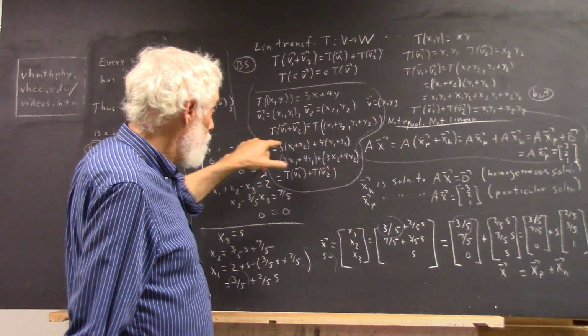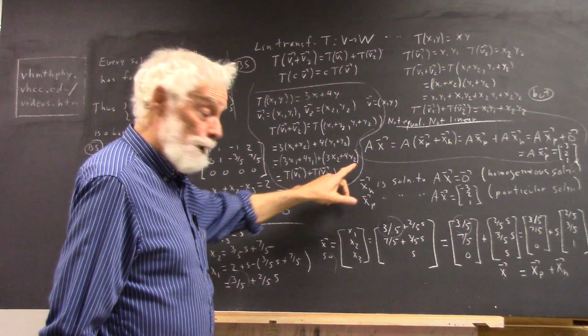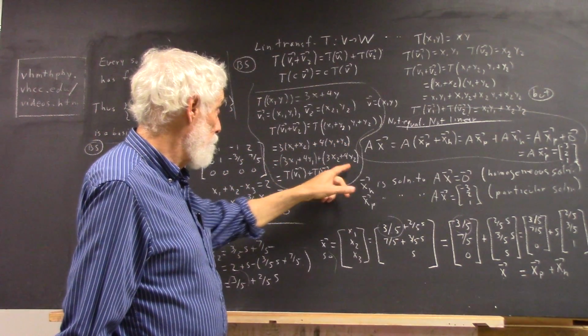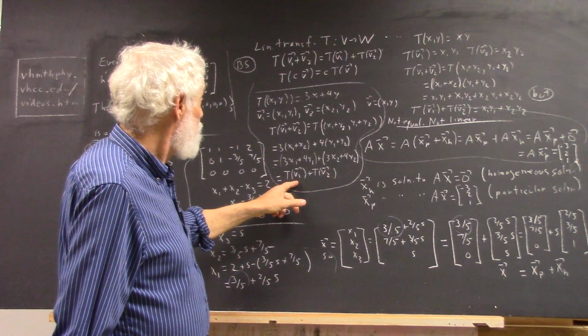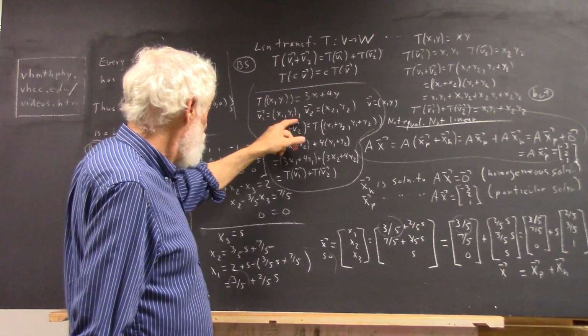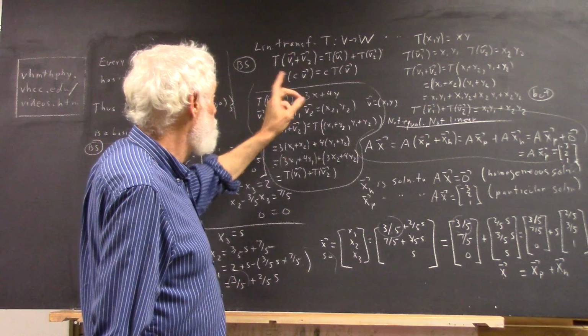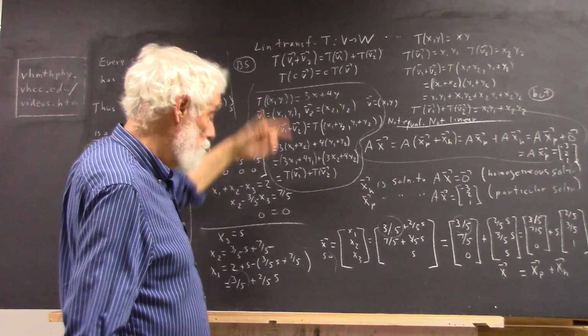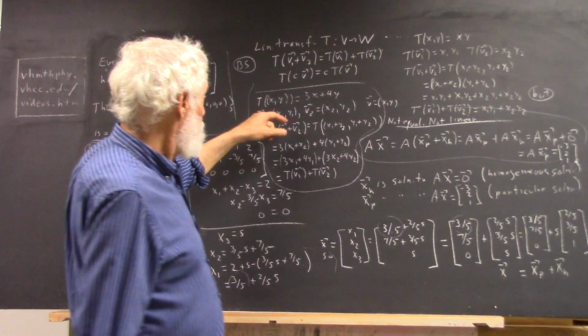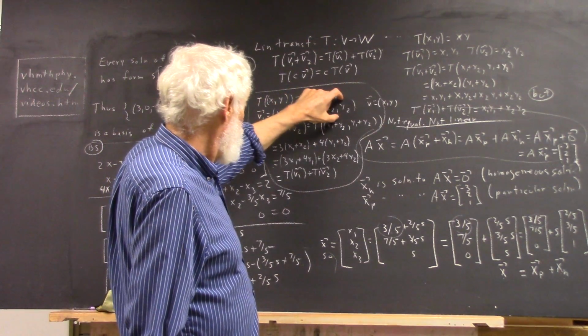This very easily rearranges to this, and the reason I rearranged it is that this is T of v1. Apply the rule to the v1 vector: it's 3 times the first coordinate plus 4 times the second, that's 3x1 plus 4y1. And when we apply T to v2, we get this.